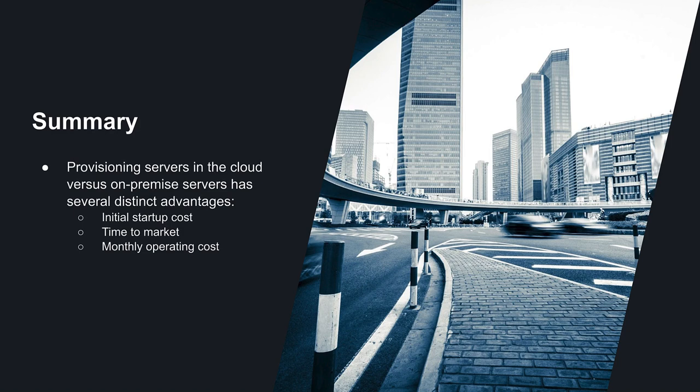The initial startup cost is nothing in the cloud. The time to market is dramatically better in the cloud. And the monthly operating cost, although it's maybe difficult to compare those two because getting a per month server charge if you're operating your own data center would require some accounting work, it's certainly going to be competitive in the cloud, if not better, depending on the type of organization that you run.